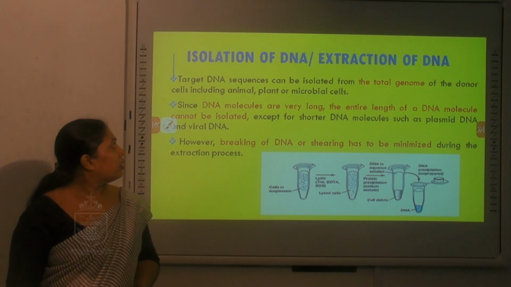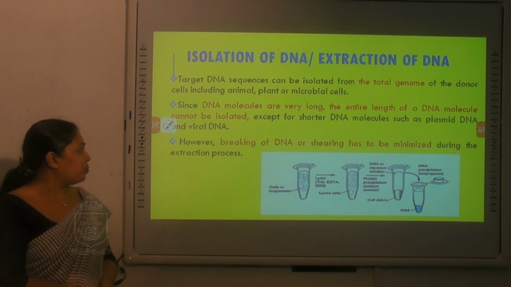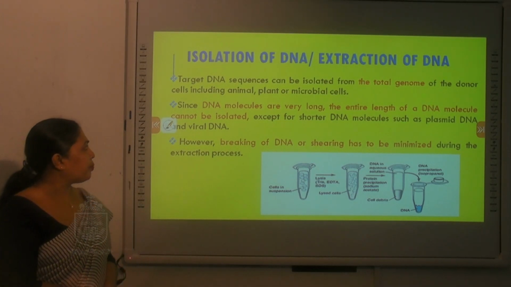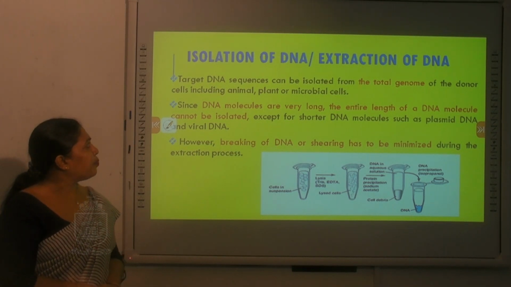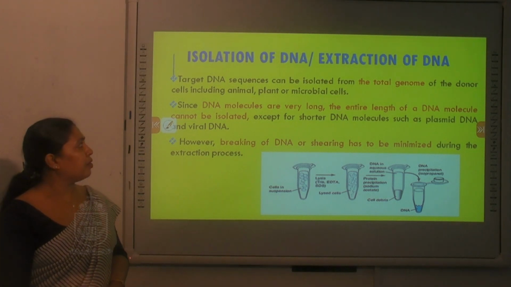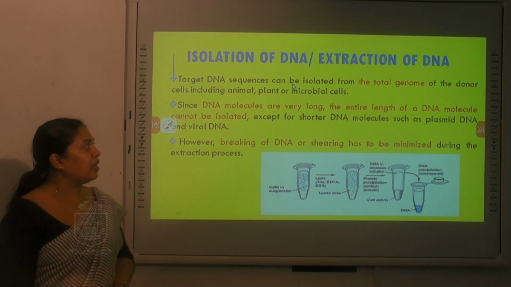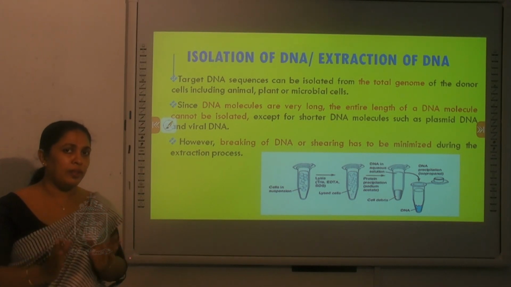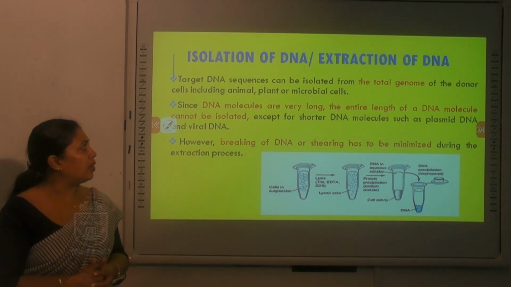It is isolation or extraction of DNA. It is also a technique in molecular biology. Usually we have to isolate the DNA sequences from the total genome, which means all the genes in a particular cell or an individual.